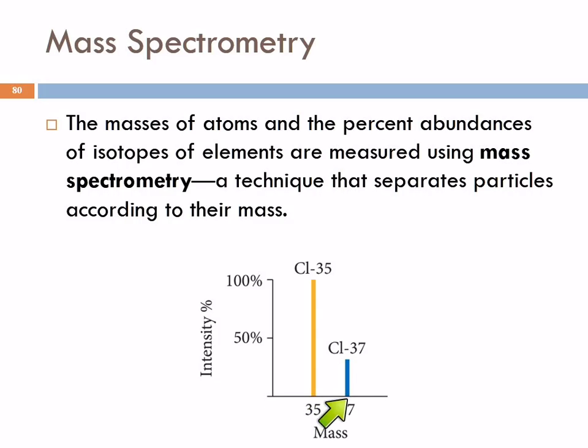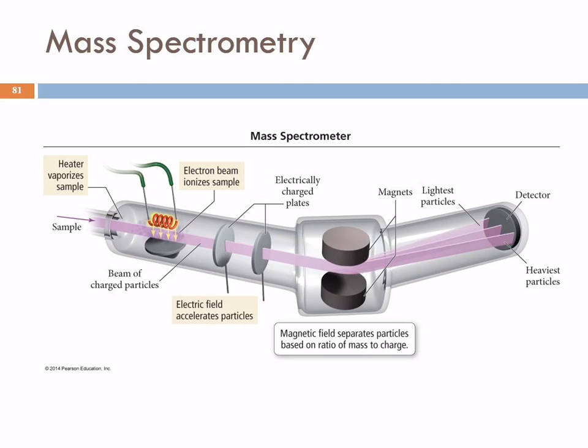You're going to get 2 signals, one for chlorine-35 and one for chlorine-37. Based on the relative strength of those signals, that's how they determine the percent relative abundance. This is how a mass spectrometer works. I'm not going to test you on this, but I think it's helpful to just have an idea of how we figure these things out.